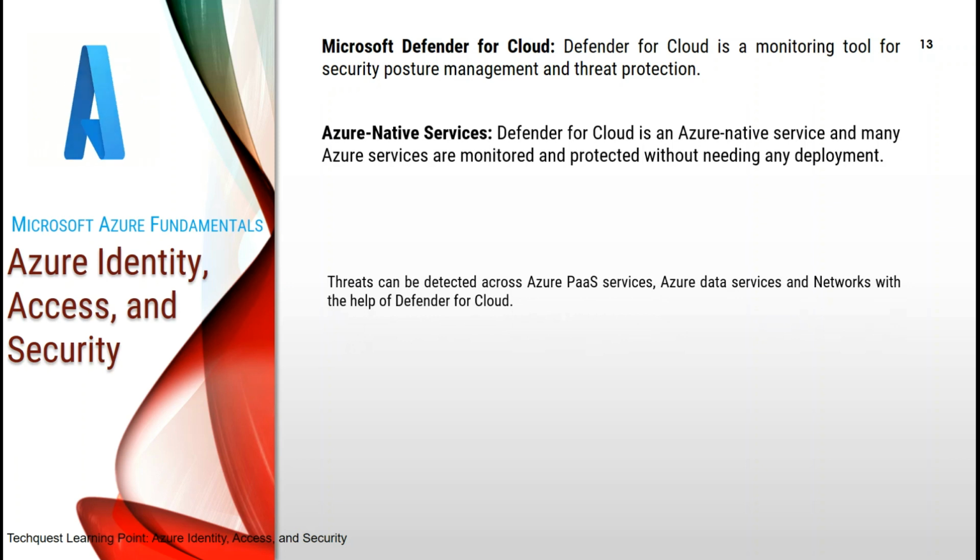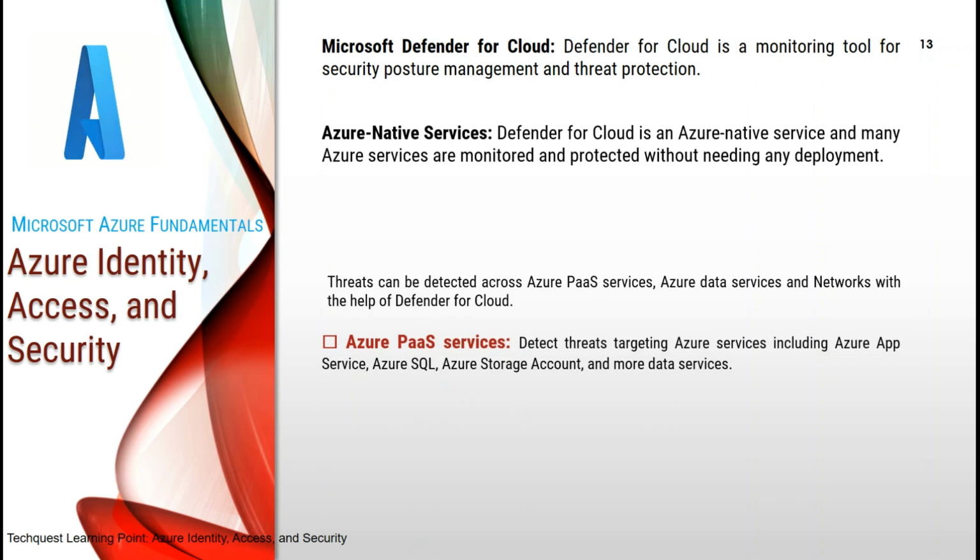Threats can be detected across Azure PaaS services, Azure Data Services, and networks with the help of Defender for Cloud. Azure PaaS services: detect threats targeting Azure services including Azure App Service, Azure SQL, Azure Storage Account, and more data services.